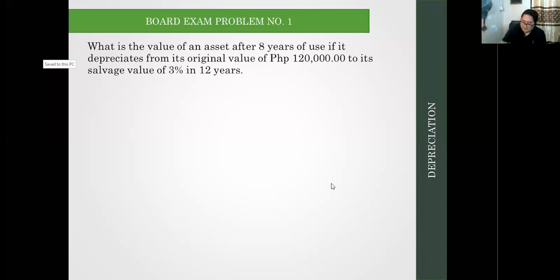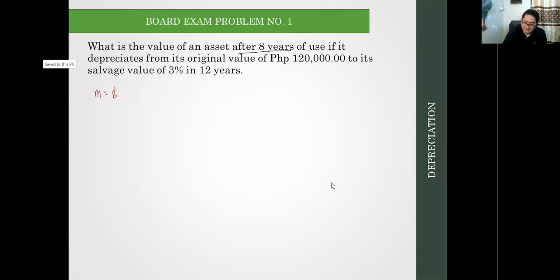So, when there is no indicated procedure, it is better to try the straight line depreciation method first. Okay? So, this is the basic one, our number 1. We are asked to find the value after 8 years, so M is equal to 8. And the salvage value is 3%.